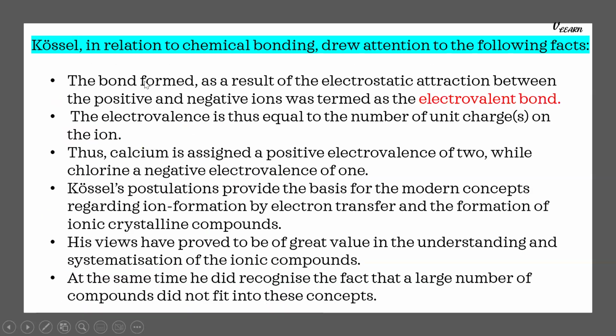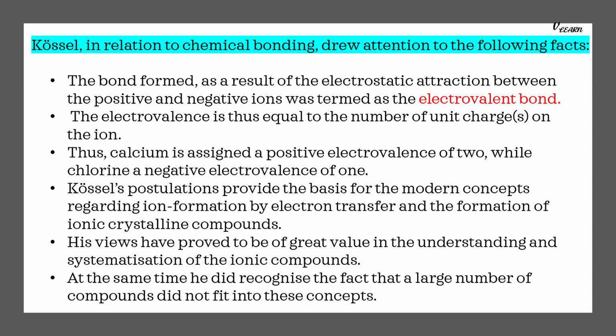Okay, and Kossel, in relation to chemical bonding, drew attention to the following facts. The bond formed as a result of electrostatic attraction between positive and negative ions is termed an electrovalent bond. And always, it holds the number of unit charges. If it is calcium, meaning Ca2+, it can donate 2 electrons.